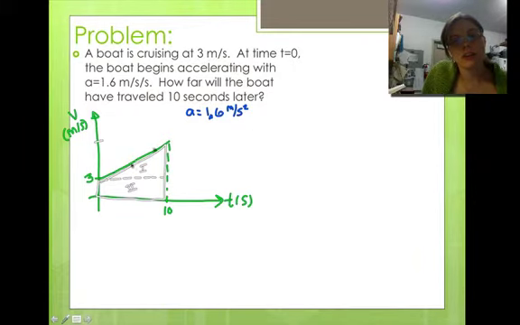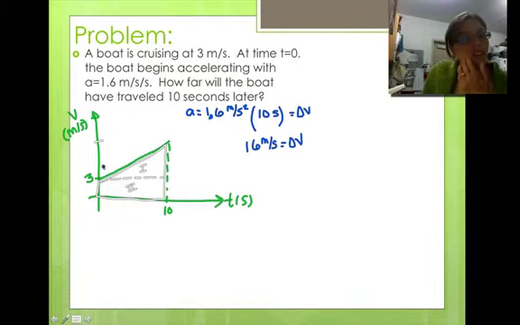And that's our slope right there. If we know that we go 10 seconds, then our change of velocity is equal to 16 meters per second. So if we start at 3 and we increase by 16, we're going to end at 19 meters per second.